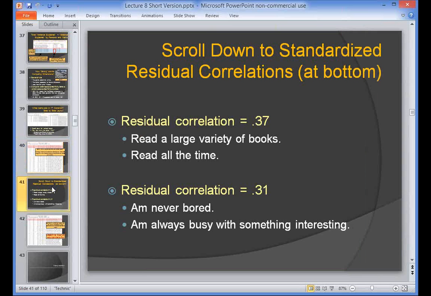So let's check this out. Go ahead and scroll all the way down to the bottom. Remember where you are, and scroll all the way down to the bottom of the dimensionality output.